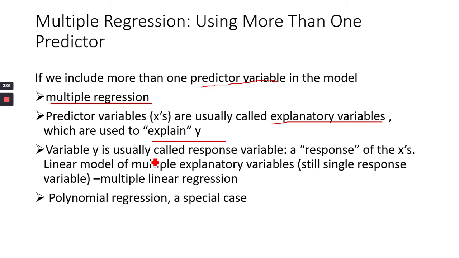Variable y is called the response or endogenous or simply dependent variable. All those names refer to the same variable y. A linear model of multiple explanatory variables, still a single response variable, is multiple linear regression.